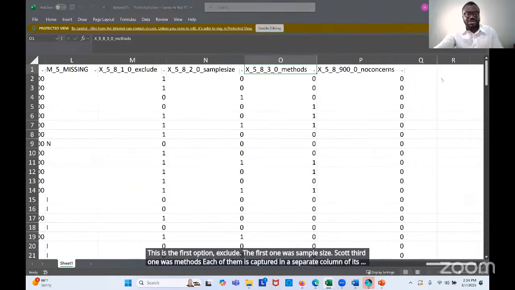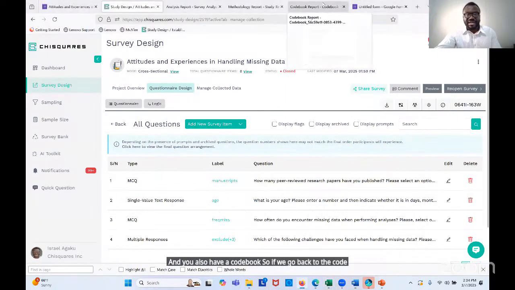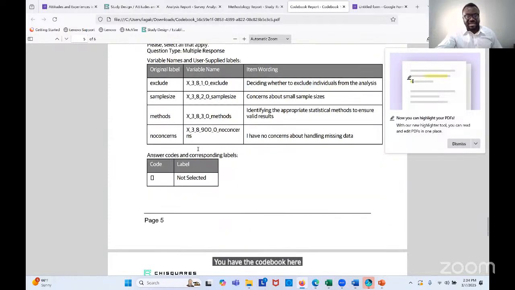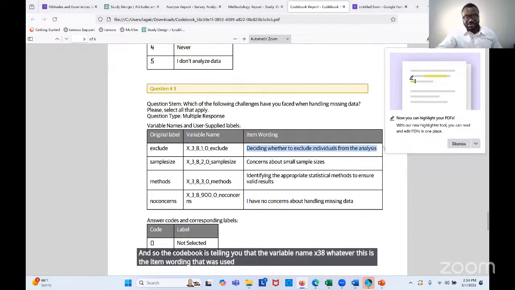And you also have a code book. So if we go back to the code book we discussed earlier, it tells you which of the following changes have you faced when handling missing data. Please select all that apply. The question type is multiple response. And so the code book is telling you the variable name, x38 whatever, and the item wording that was used in the original questionnaire.